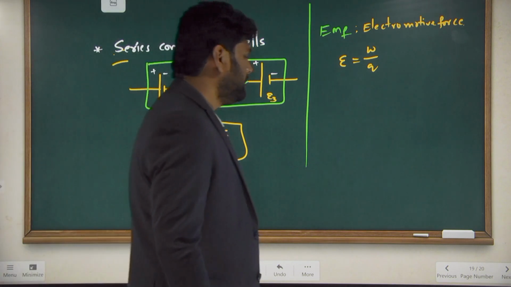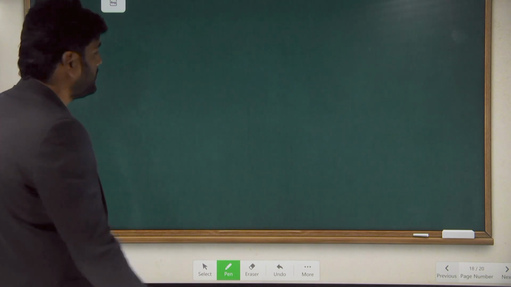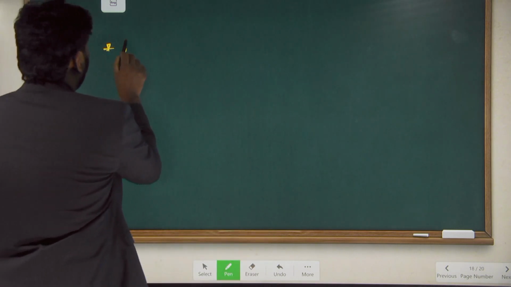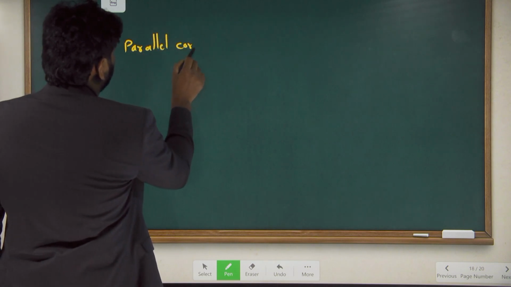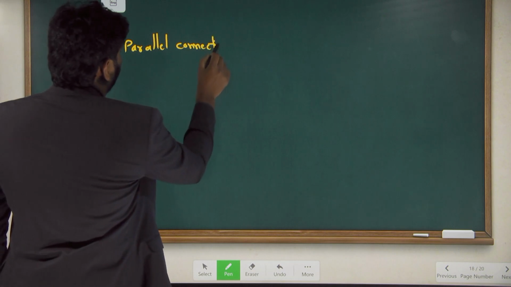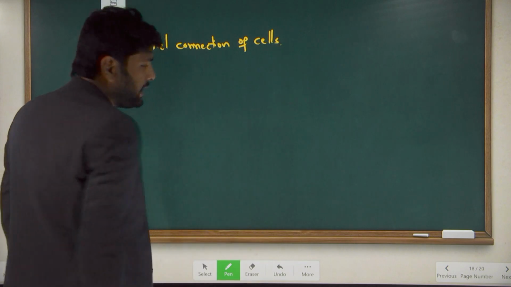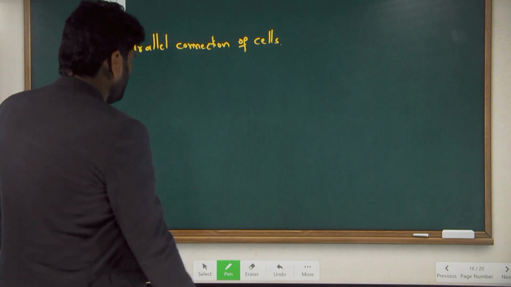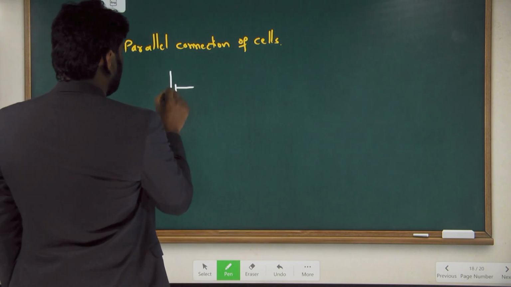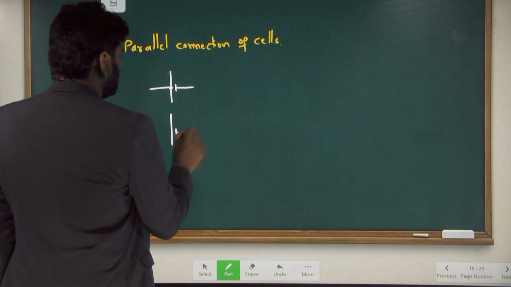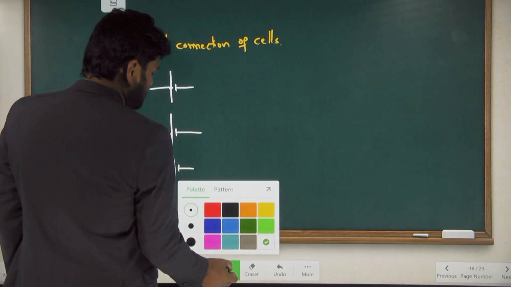Next, coming to the parallel connection of the cells. Let us take the parallel connection of the cells. So what is this parallel connection? Let's see. Let us take three cells here once again. This is the first cell, this is the second cell, and this is the third cell.